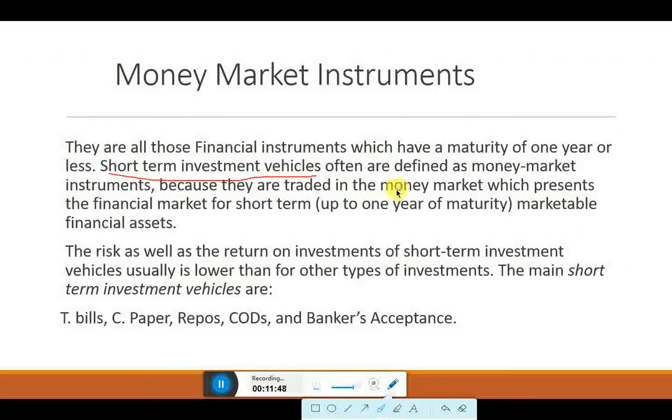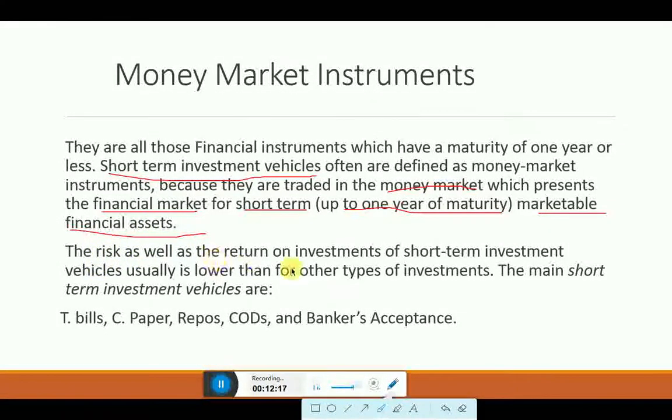They are traded in the money market, which represents the financial market for short term. Money market is the financial market for what? For short term, which means up to 1 year of maturity, marketable financial assets. The other name for financial instruments is marketable financial assets, right? It's the same name, we can use interchangeably.